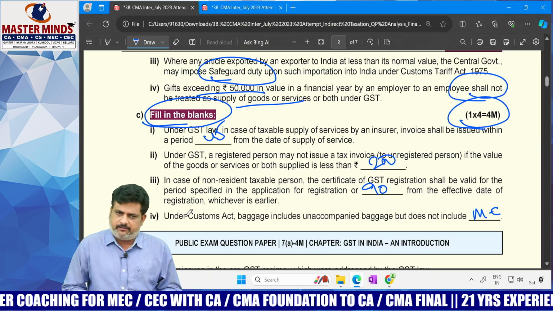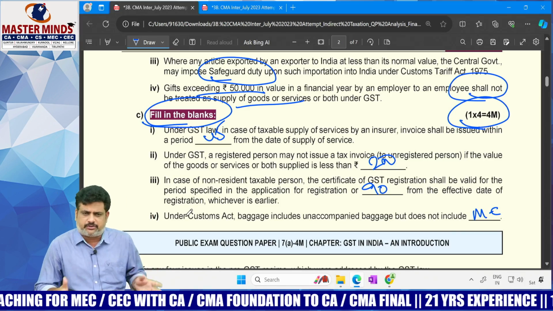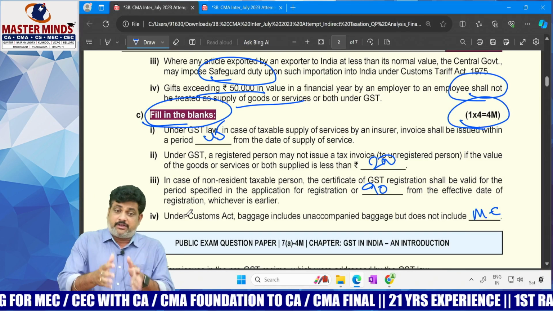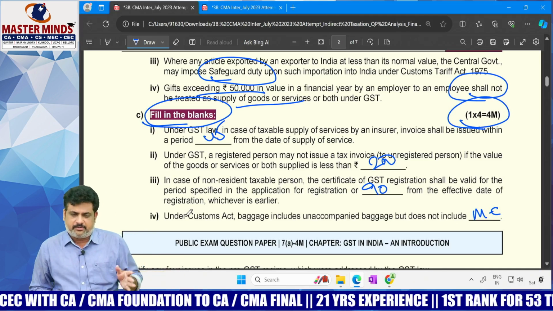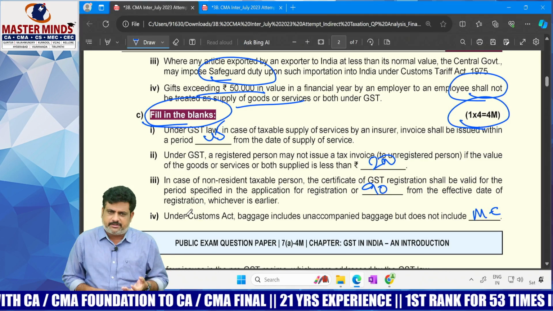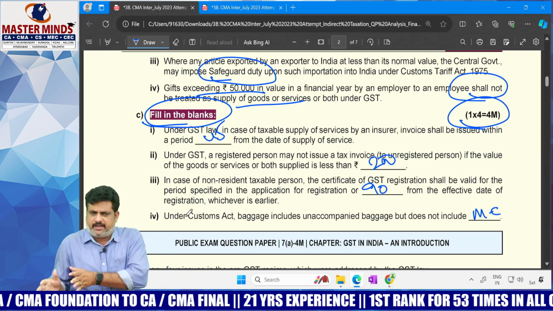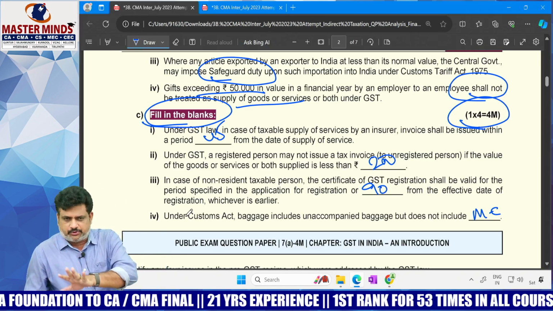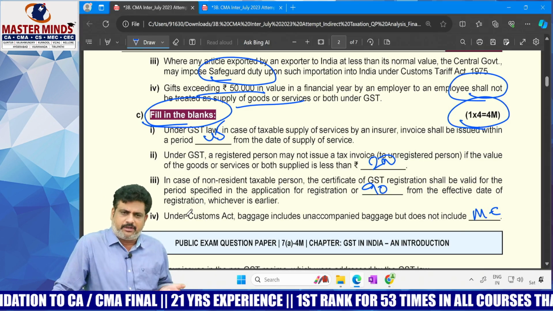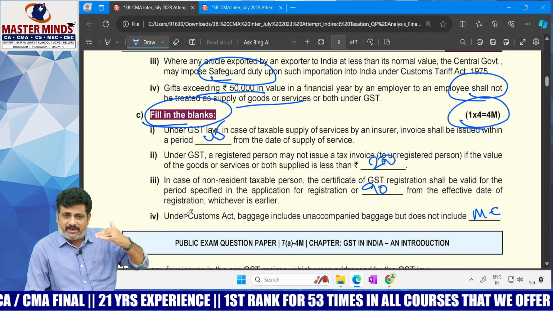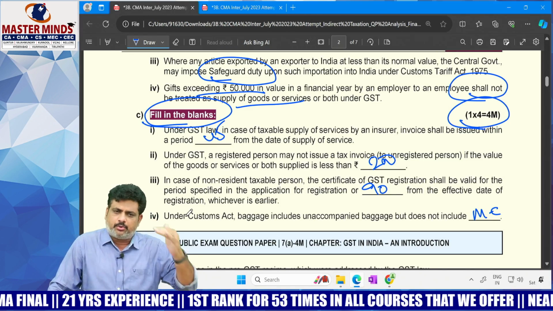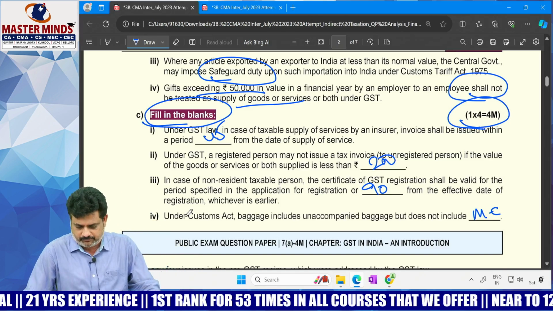If at all you are familiar with the subject, in-depth understanding is not needed for answering this type of standard questions. But I am not saying that every time this type of question will be asked, but based on the question paper and the MCQs that are given, what we can conclude here is that above average knowledge is sufficient to answer these MCQs.